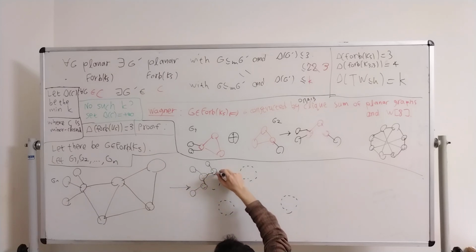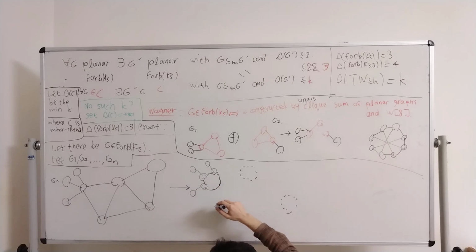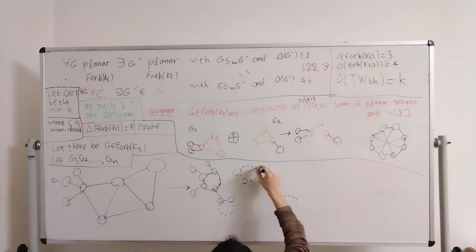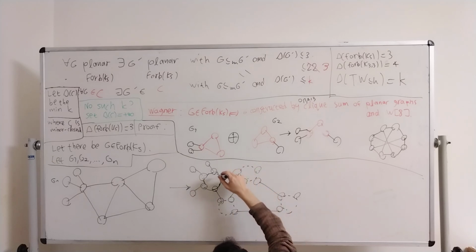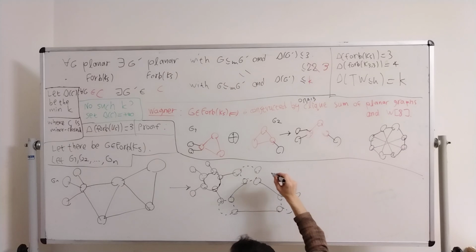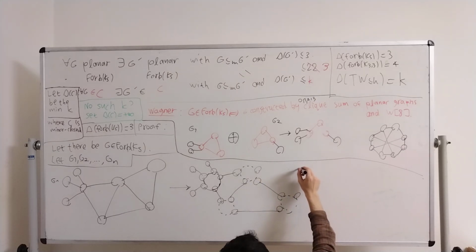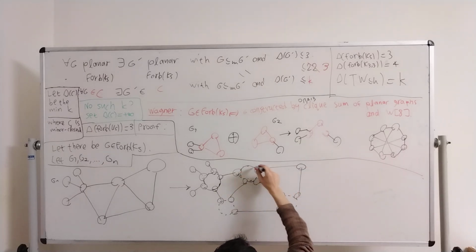So again, turning vertices of degree more than 3 into circles. I think that's what we wanted to state.